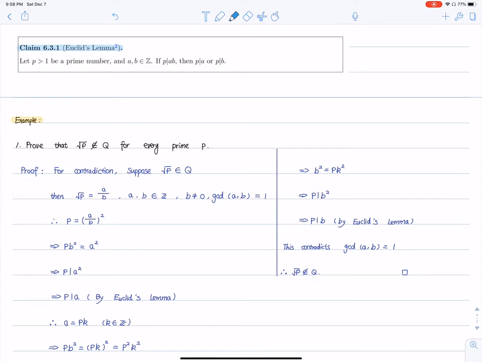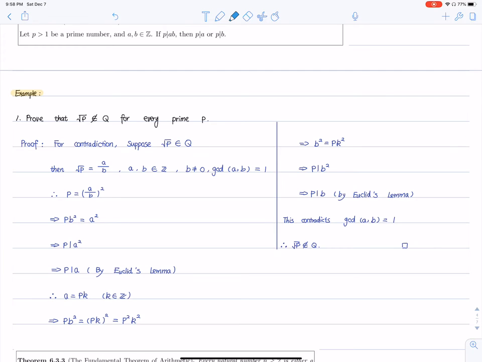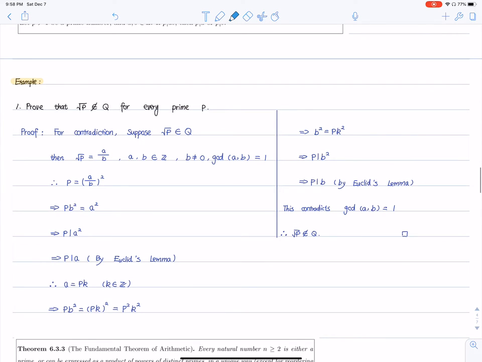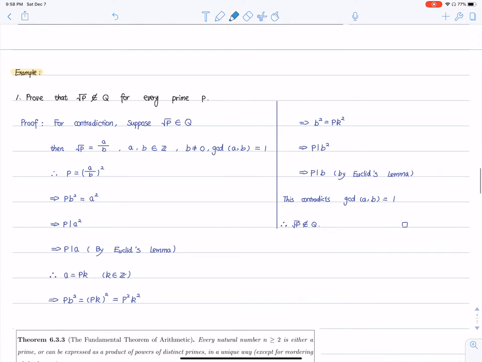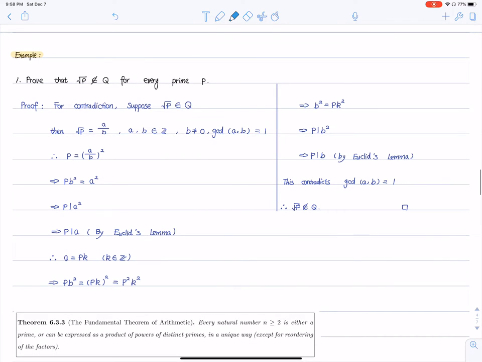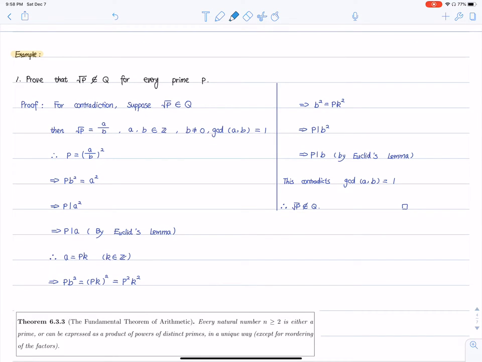Now, I'll prove what I mentioned before: the square root of a prime number is not rational. As always, naturally you start with contradiction. So, for contradiction, we suppose the square root of the prime number is indeed rational.